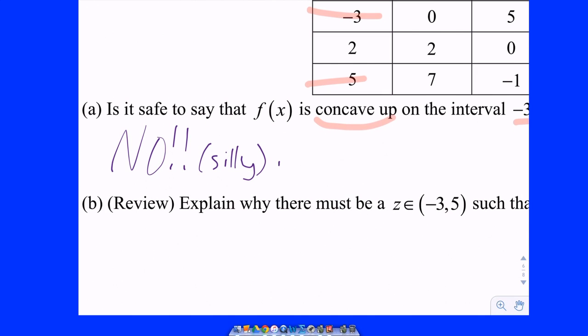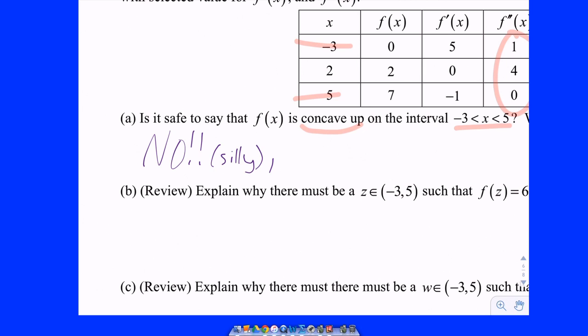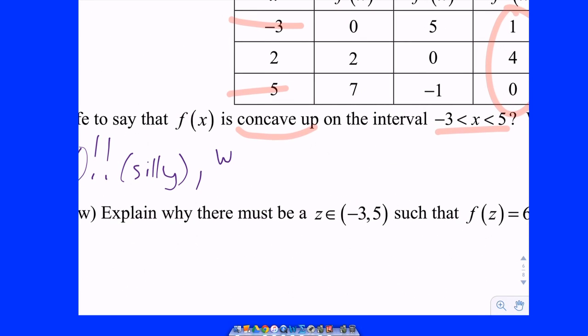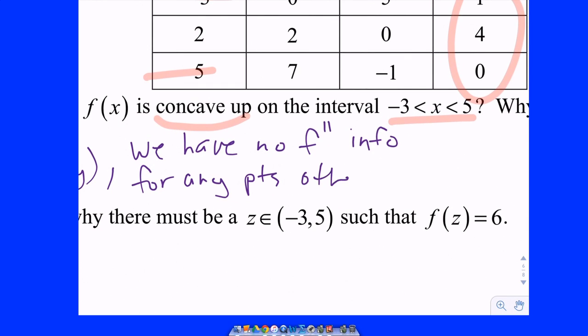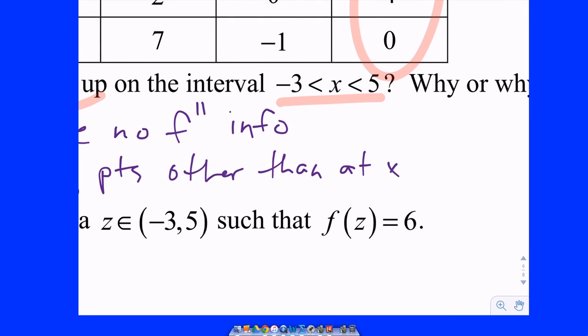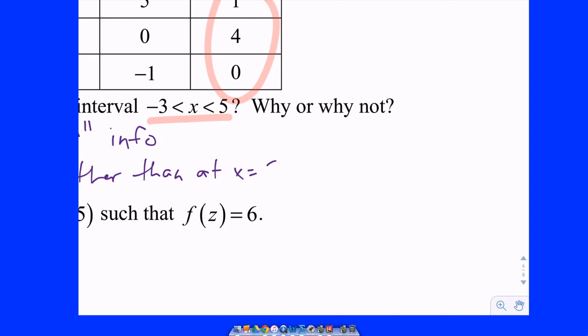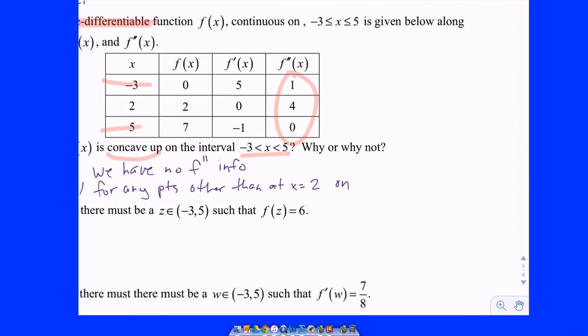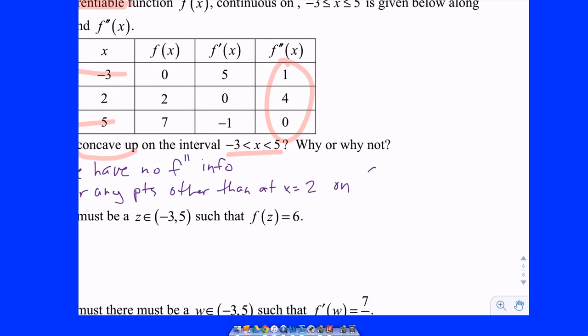No. Silly. It's not safe to say that because we have no f double prime info for any points other than at x equals 2 on the interval from -3 to 5.